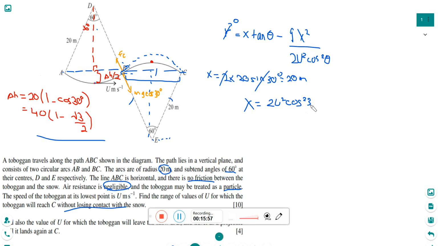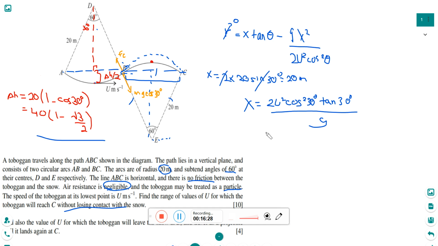Theta in this case is 30 degrees, tan 30 degrees over g. So x is equal to 2 u square cosine square 30 degrees tan 30 degrees over g.